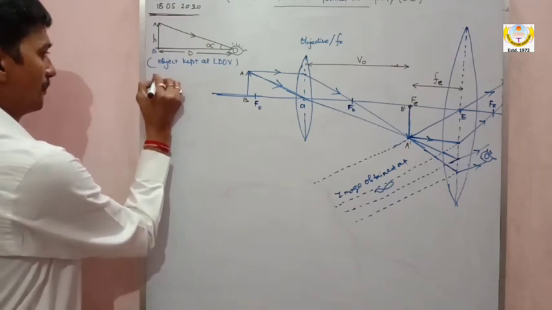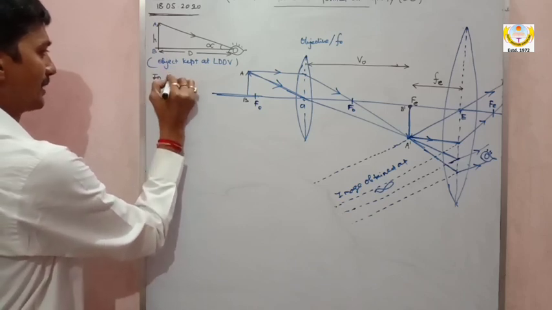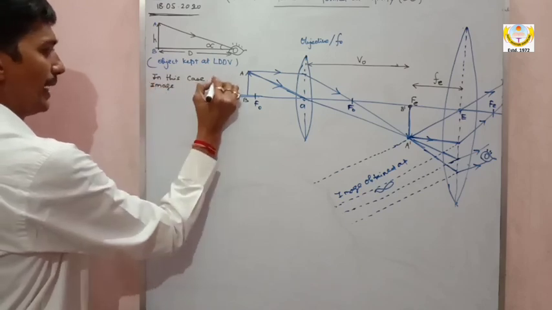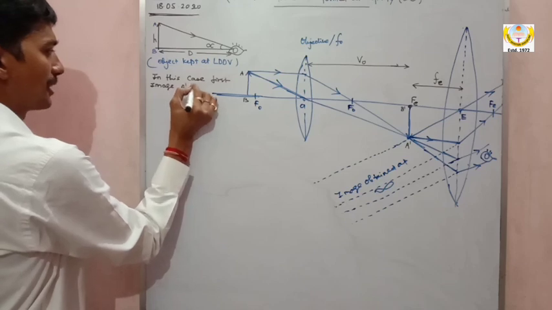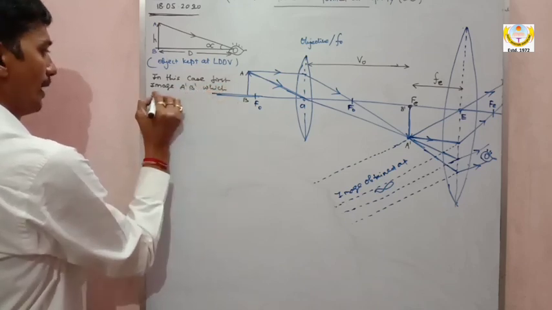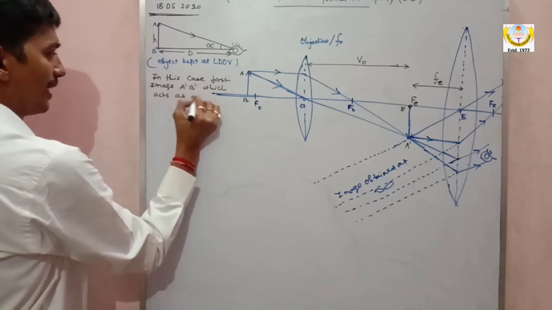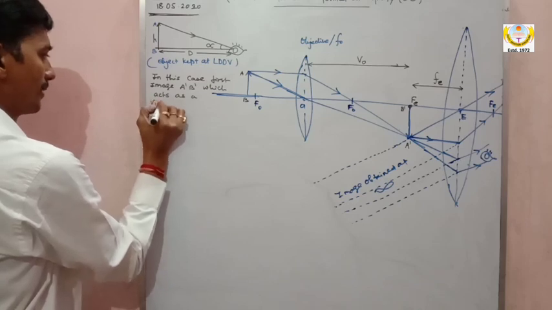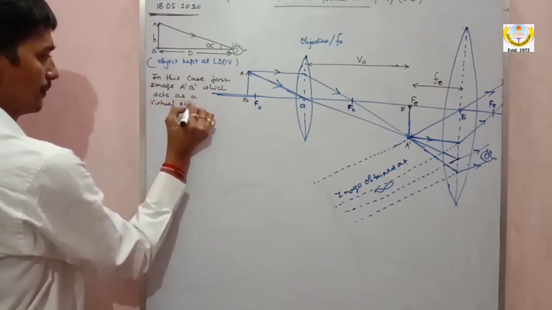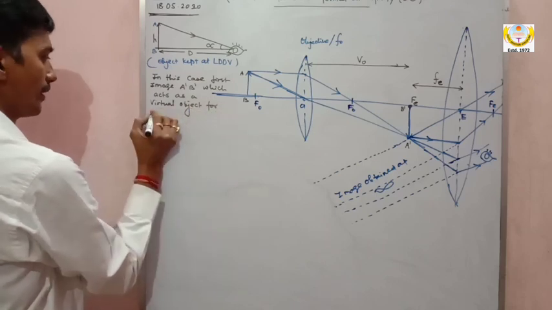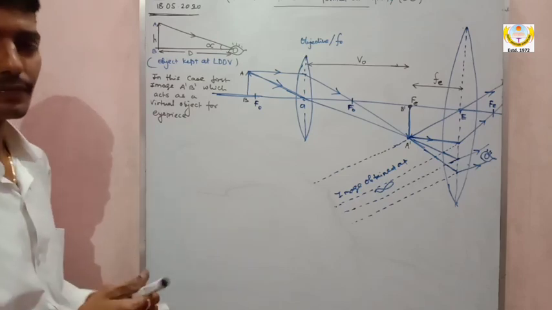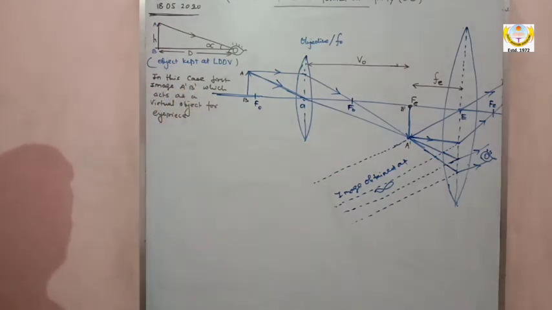In this case, the first image A dash, B dash acts as a virtual object for the eyepiece, my dear.